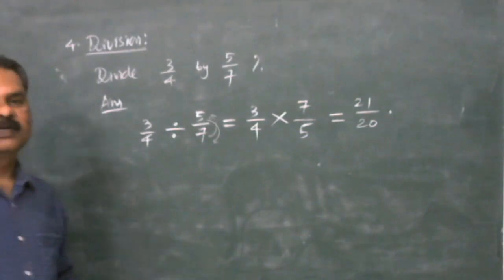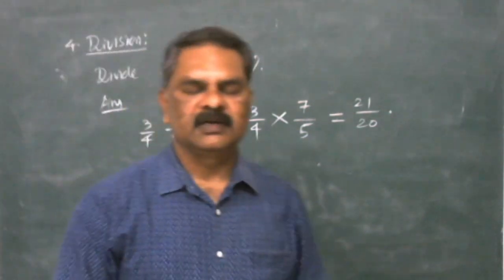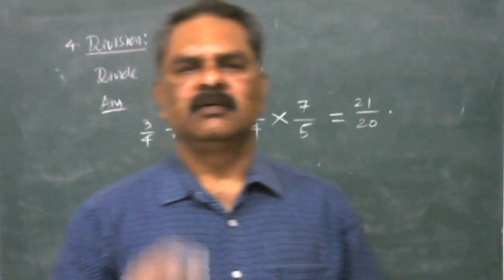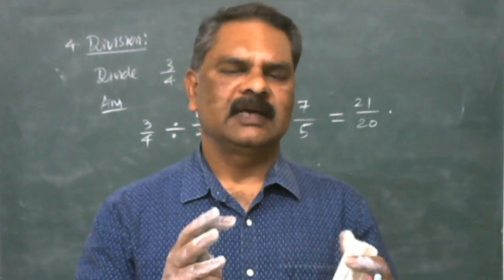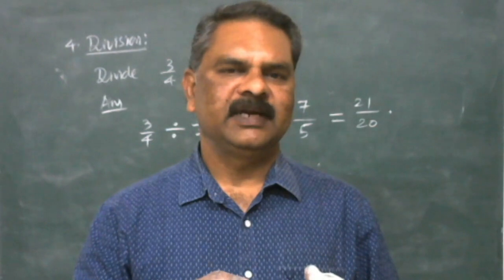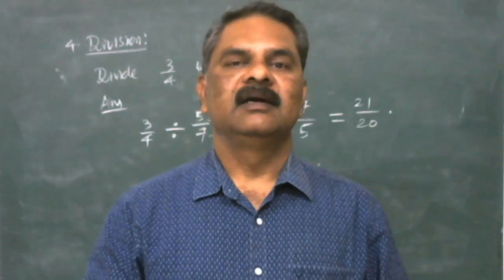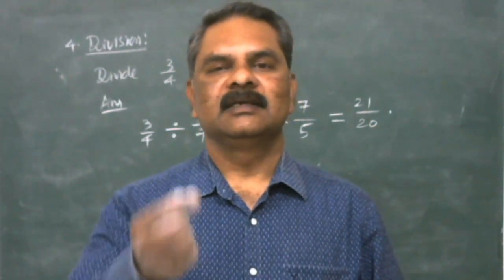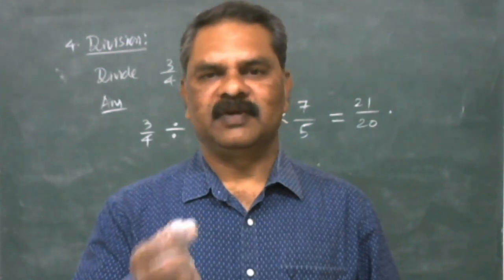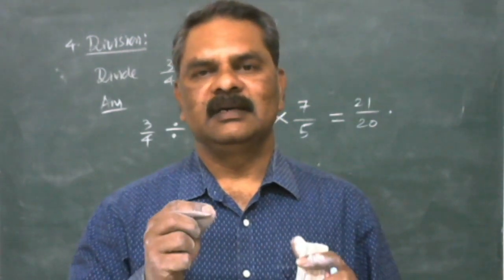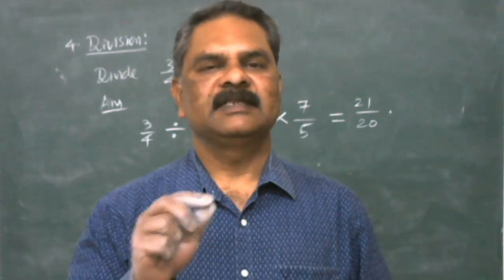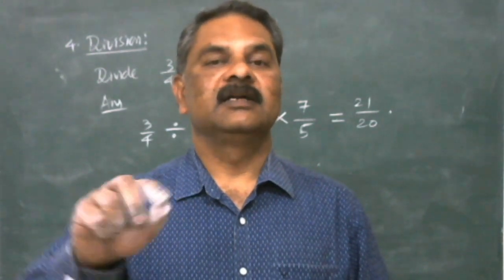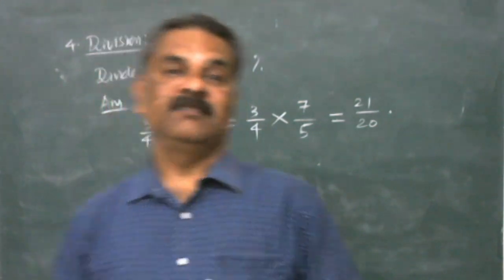So what is the rule for multiplication and what is the rule for division? While multiplying two fractions, just multiply the numerators and multiply the denominators separately, and at last write it in the simplest form. While dividing two fractions, multiply the first fraction with the reciprocal of the second fraction.